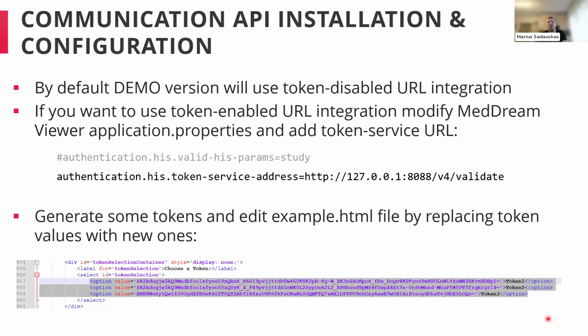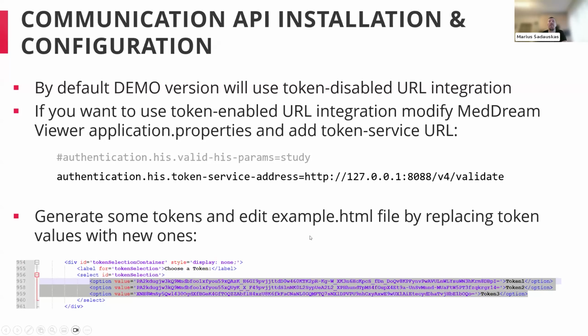And in the example HTML file, around line 957, you will have these three tokens. So basically, you would just generate new tokens and paste the values here, and you can test this communication API integration with the token enabled URL scenario.